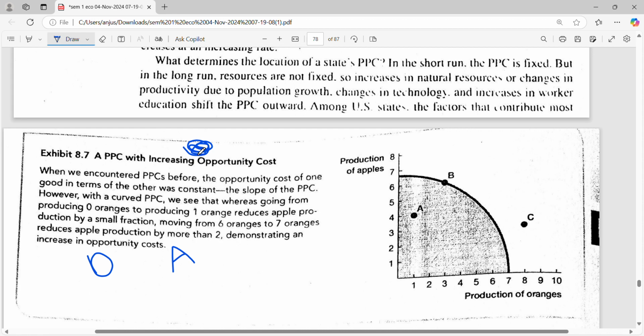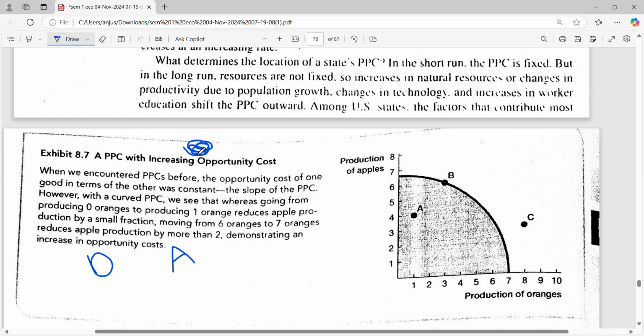But again, when you put the same resources into the production of 6 to 7 oranges, the apple is reduced by 2. That is, there is a change in the opportunity cost. First it was reducing by a small fraction, but now it is reducing by 2. That is an increase in the opportunity cost.